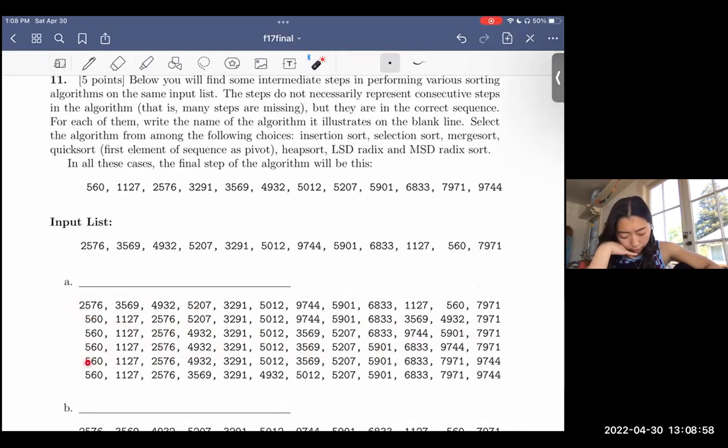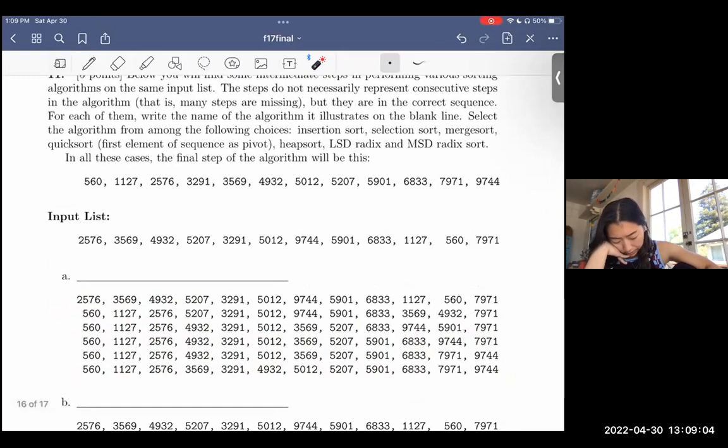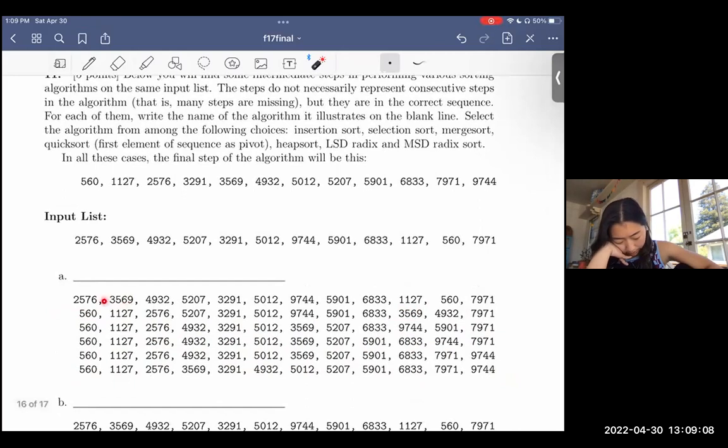However, I don't really see that trend happening here. We just have this movement all over the place, 3, 5, 6, 9 jumps over here. So I'm going to guess that it's not insertion sort, probably not selection sort.